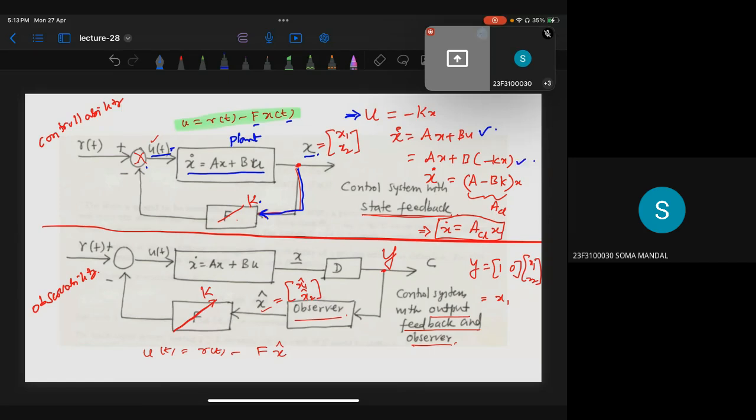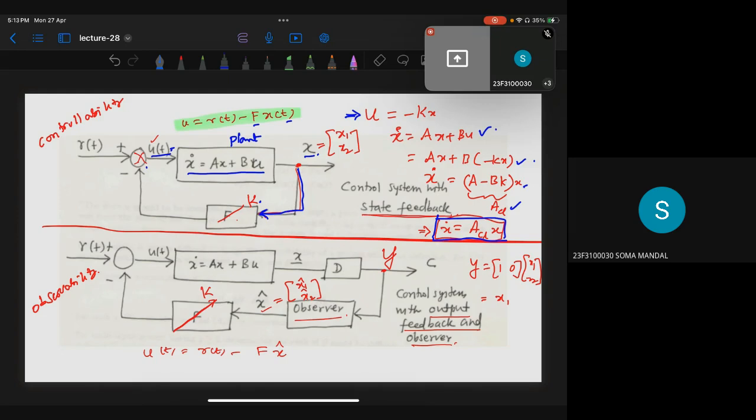Then x dot is equal to (A minus BK) multiplied by x. Let us call this A_cl, a closed loop. My equation then turns out to be x dot is equal to A_cl x.